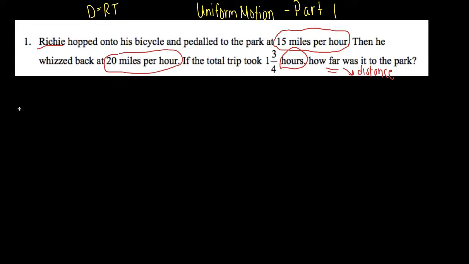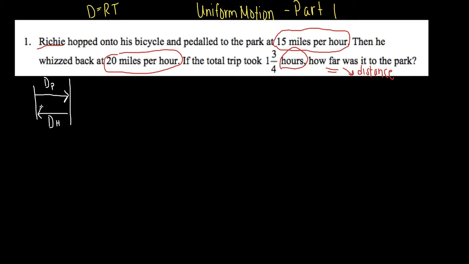And so it helps to draw a diagram. What's happening is this person goes to the park and goes home. So there's two different distances, and each distance has its own rate. And actually the distances are not different. So just to illustrate that, I'll draw a diagram. This first arrow I'll call DP, which means the distance to the park, and the second arrow will be DH, which means the distance home.